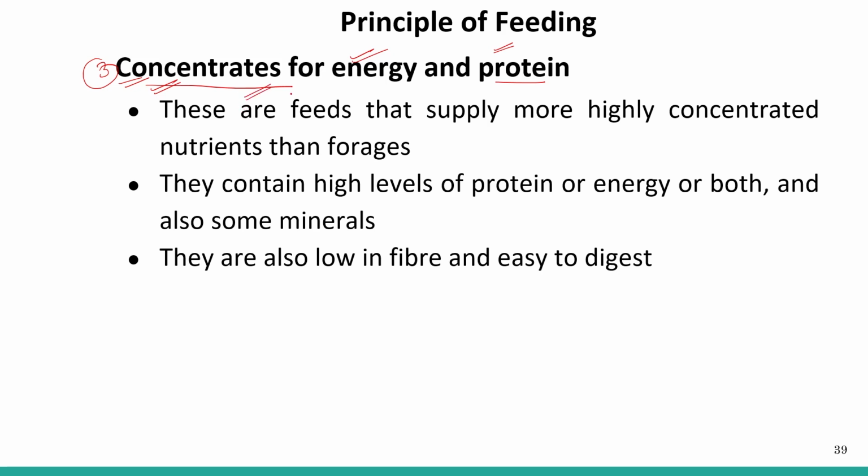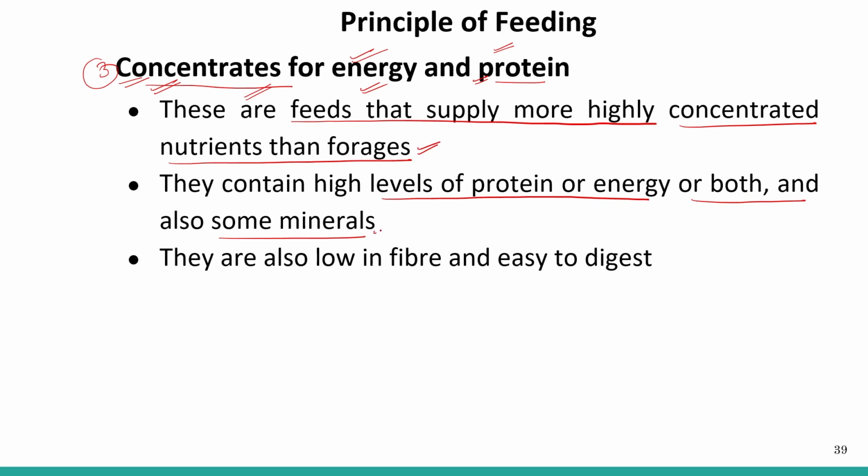These are the feeds that supply more highly concentrated nutrients than forages. So concentrates have more energy and protein-providing nutrients compared to the supplementary forage. They contain high levels of protein or energy or both, and also some minerals.